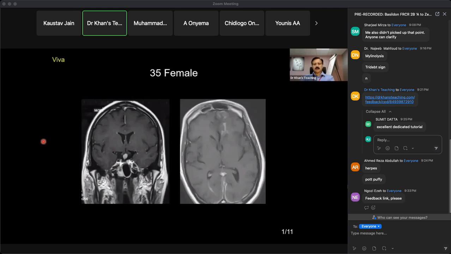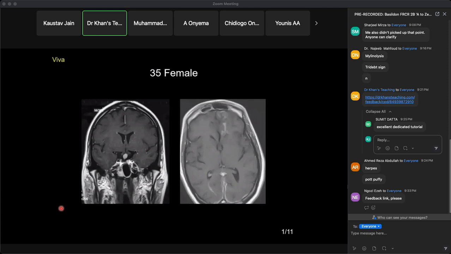Yes, please. So these are coronal T1 post-contrast, as well as axial T1 post-contrast too. I don't have pre-contrast images, but I can see a left frontal enhancement, intra-axial.